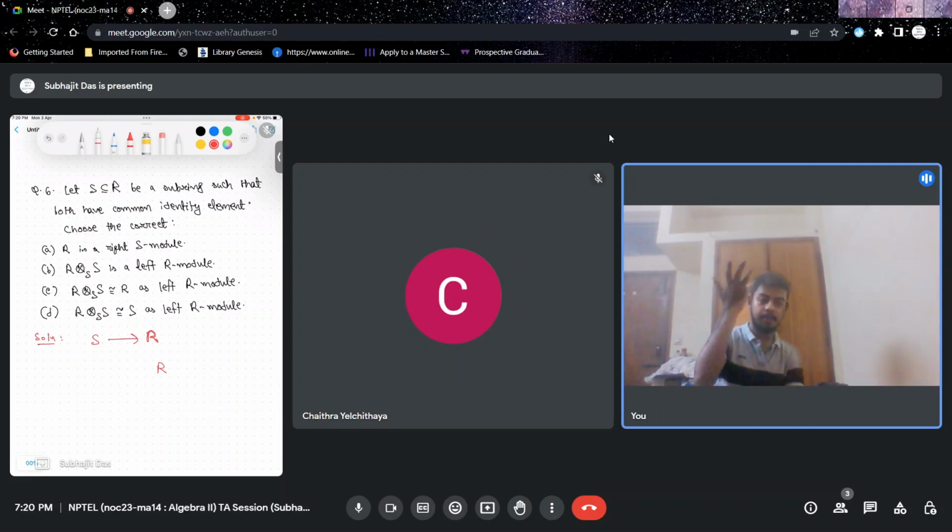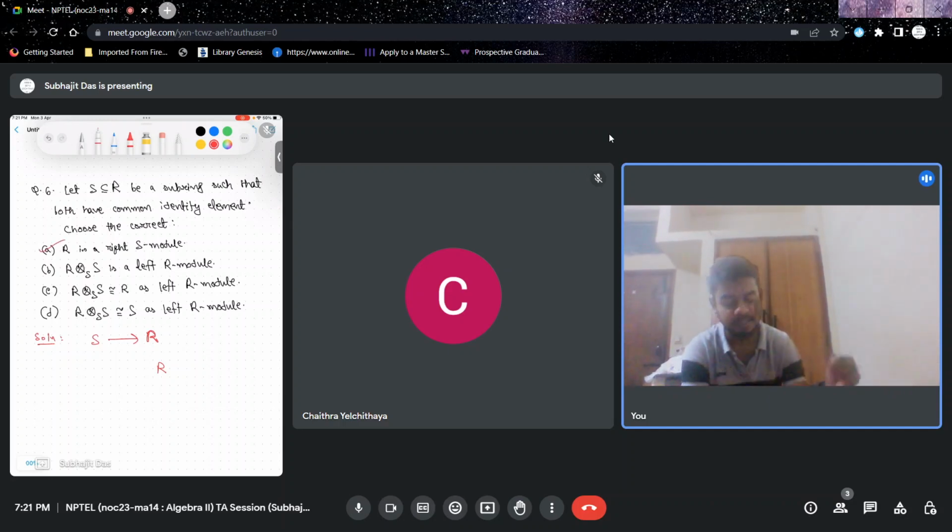The submodules of that module are precisely the ideals of the ring, provided the ring is commutative and all that. Otherwise, you will only have left ideals or right ideals. Anyways, forget what I'm saying. So R is a module over R, and therefore by restriction of scalars, R is a module over S. So in particular, you can put the module structure from the right, that is R is a right S module.